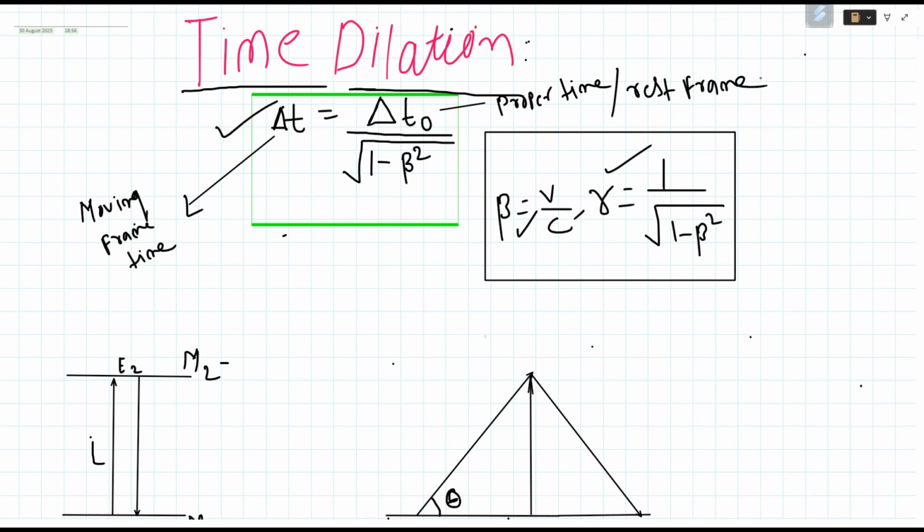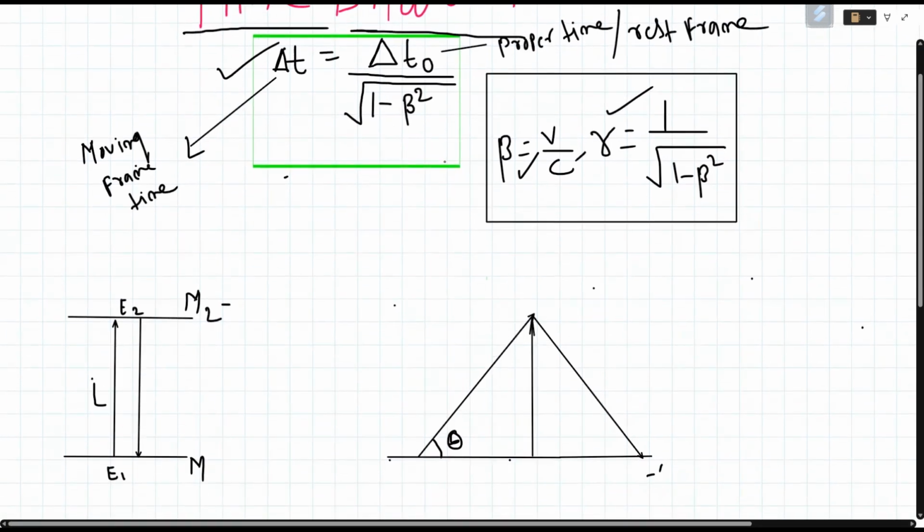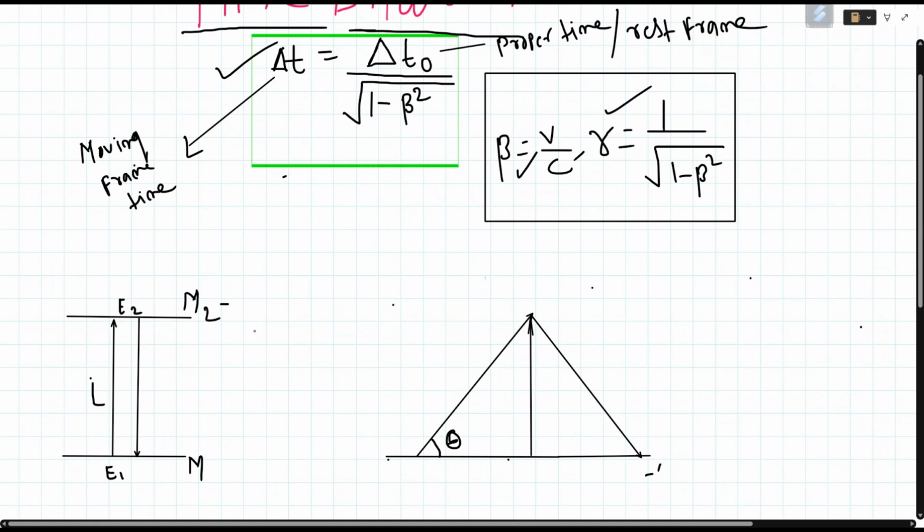Okay. So this equation we have to derive using a very basic assumption in STR called the constancy of the speed of light.